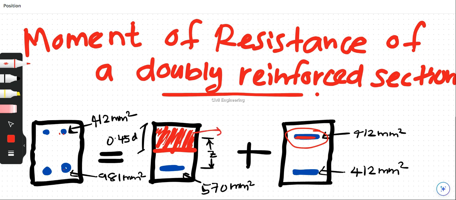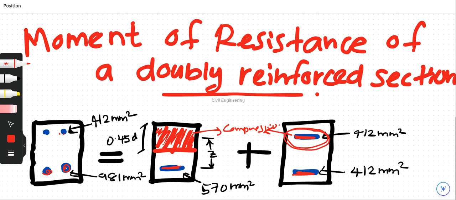By using these two parts, the compression will be carried out, while the tensile reinforcement will be divided into two parts. It's just like the tensile reinforcement divides its responsibility to bear the reinforcement part and the concrete part.